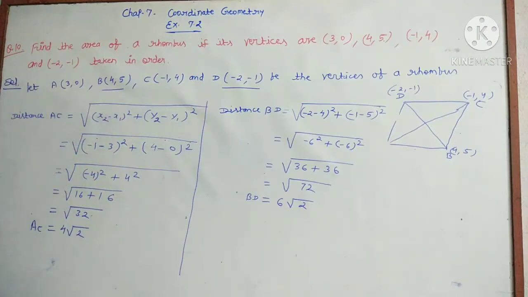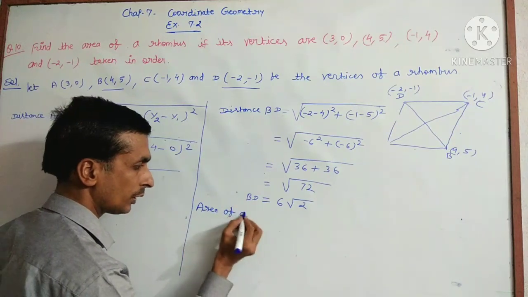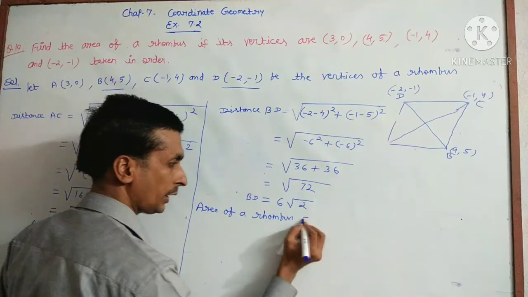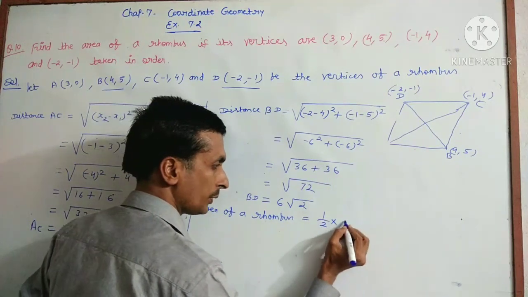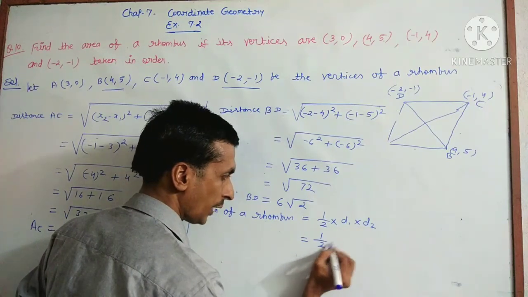Now we have to find the area of the rhombus. So we know that the area of a rhombus equals 1 upon 2 d1 into d2. d1 means the first diagonal and d2 the second.